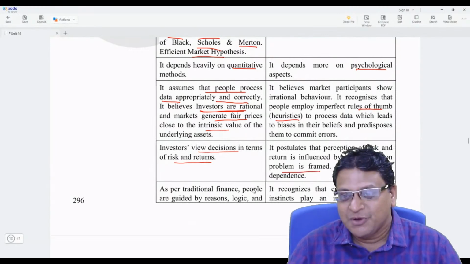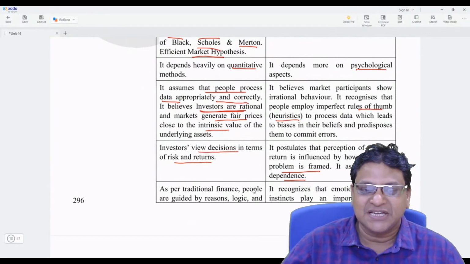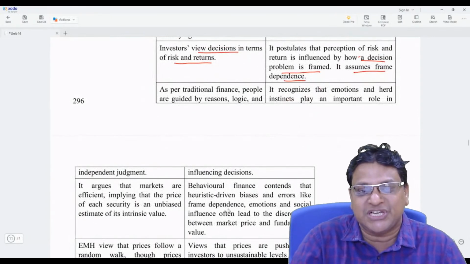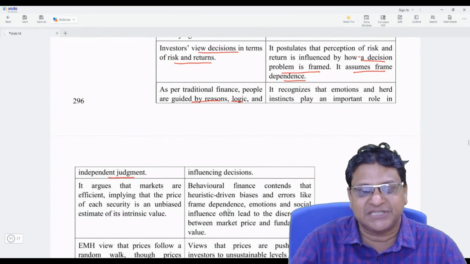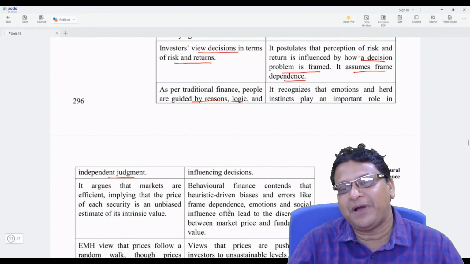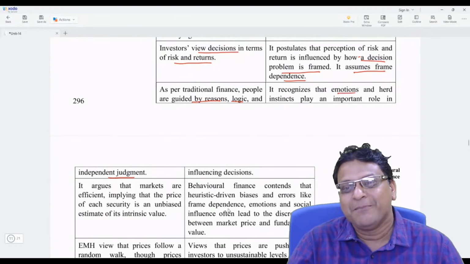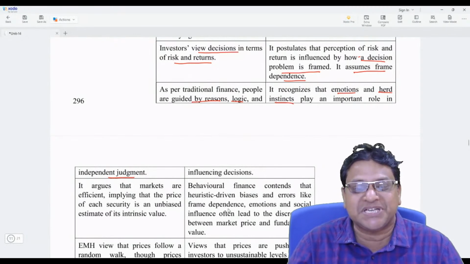It assumes frame dependence. As per traditional finance, people are guided by reasons, logic, and independent judgments. But behavioral finance recognizes that people are guided by emotions, herd instincts, and heuristics.